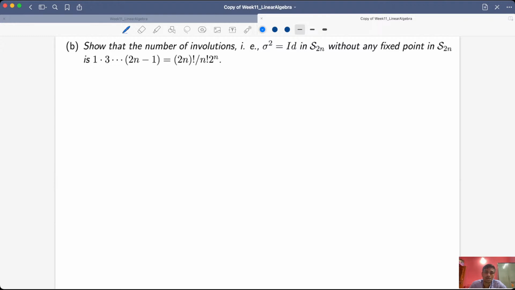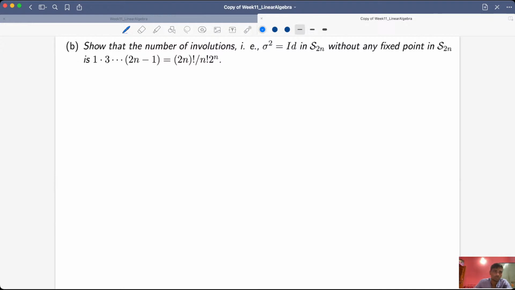So the LCM of all those things is 2, but there cannot be any one cycle. So sigma will have exactly n many transpositions, because if it has fewer than n many transpositions, then we must have some one cycle. It cannot have more than n either, because then sigma square equal to identity will not be satisfied.